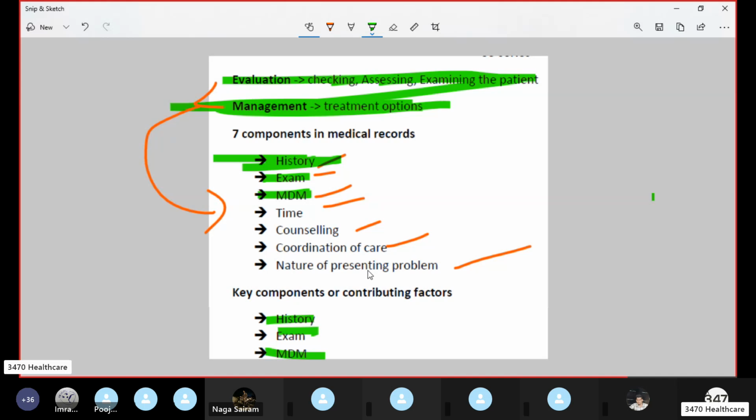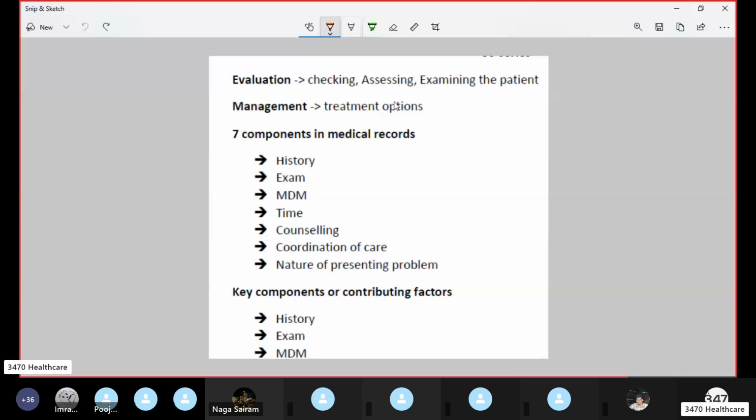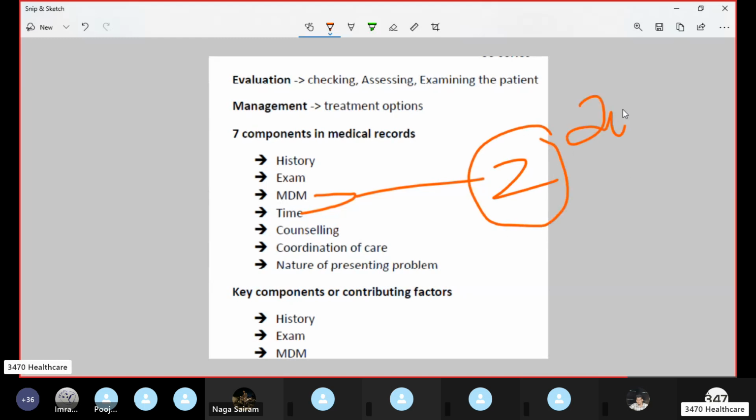But now as per the new 2023 guidelines, we need to go based only on MDM or time. This is 2023 that we are following. So MDM or time basis. These two bases only you need to select. Either you can go for MDM or time.